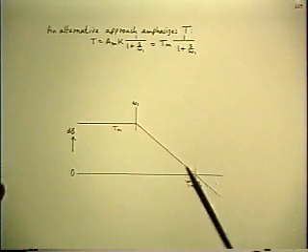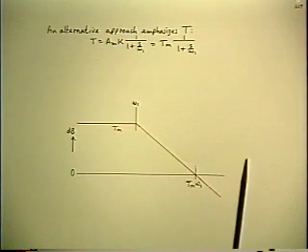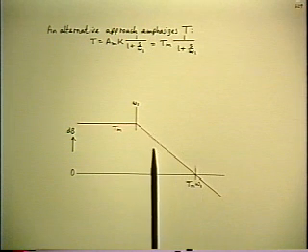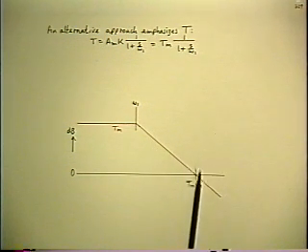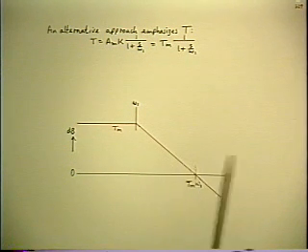So that's why a picture of T, including the 0 dB axis, is a very important picture, because it's what divides the overall response into those two different ranges.